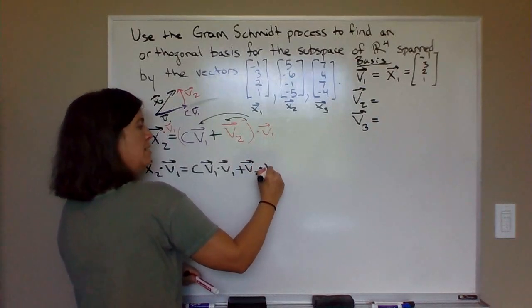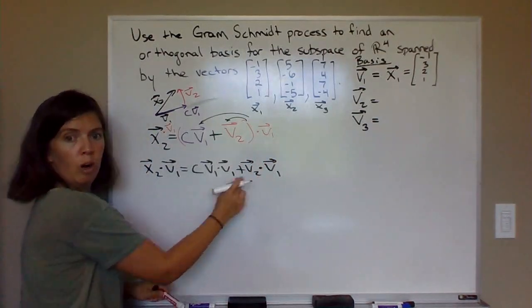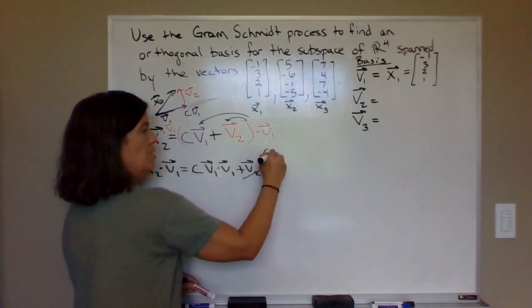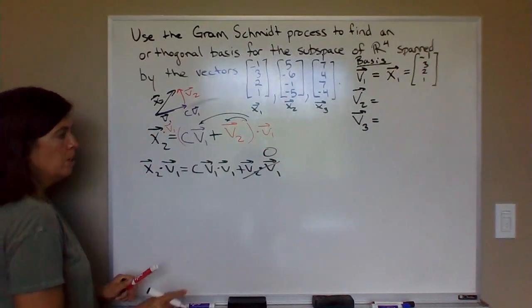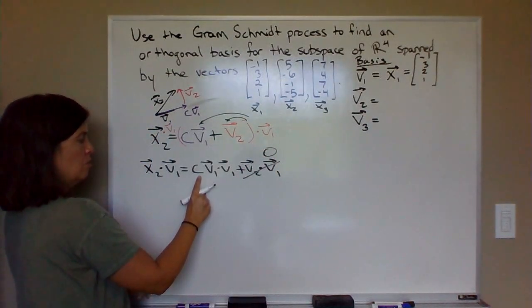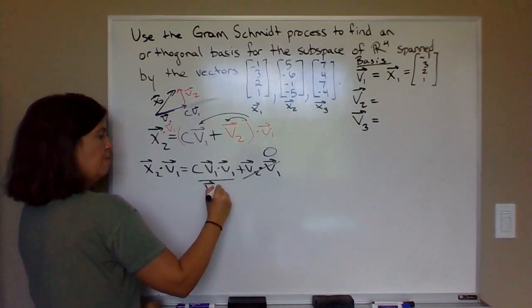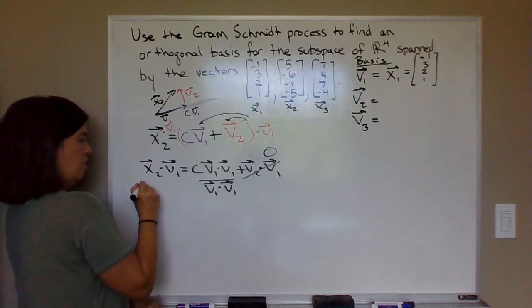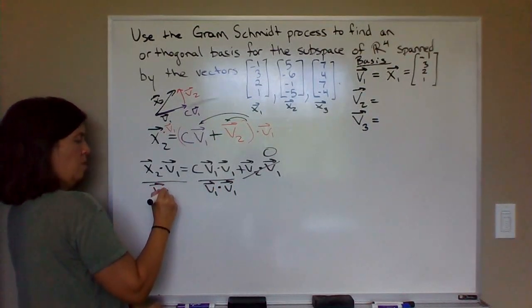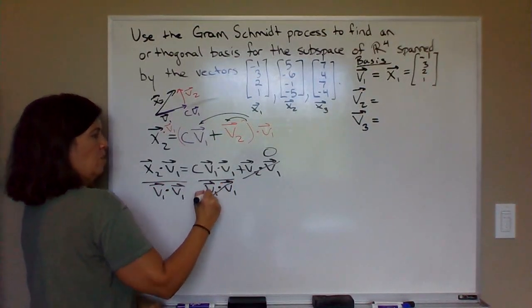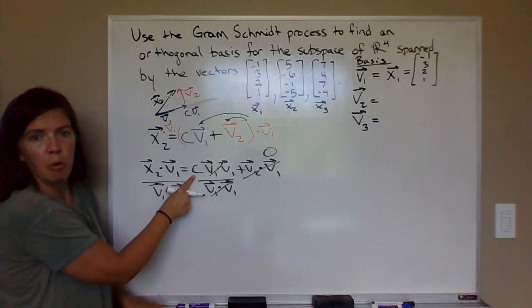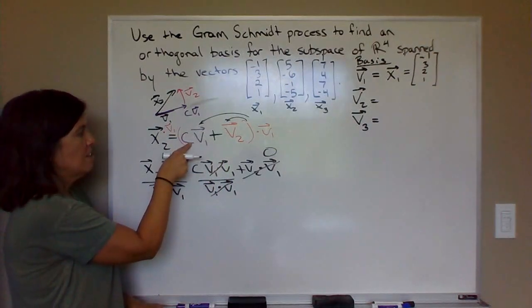And remember, by design, v1 and v2 are orthogonal, so this v1 dot v2 is 0. And so now I can solve for the scalar c by dividing both sides by v1 dot v1. That gives me this scalar multiple c in this equation.